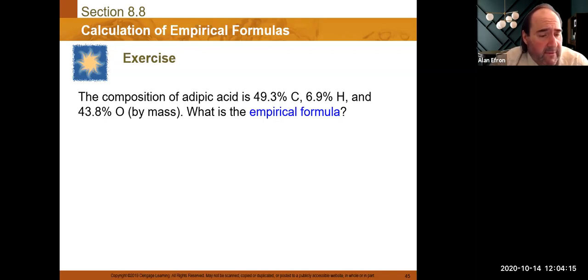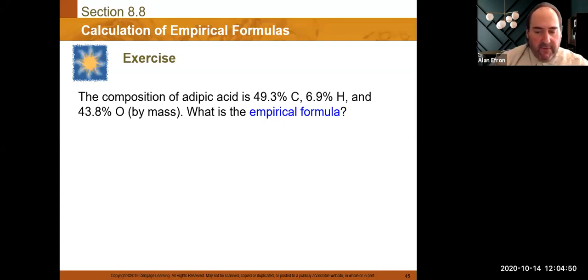So you need to convert that into grams, and you can do that easily by assuming 100 grams. That means you'll have the same percentage as grams. They'll be the same numbers, which makes it easier. Then, as we just did, we want to convert grams into moles using the molar mass, and divide by the smallest number of moles, and that hopefully should give you your empirical formula. Since we just did one together, why don't you try this one, which should be the next one on your sheet, and then we will talk about it.